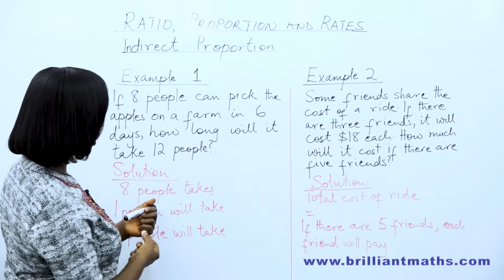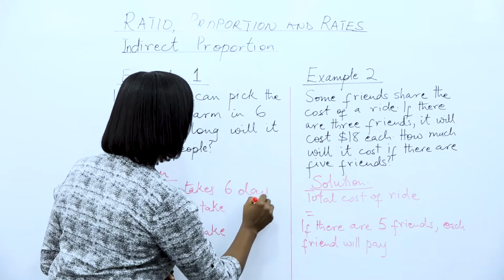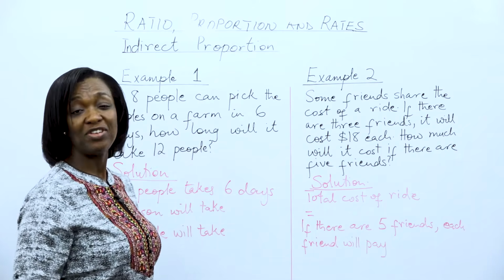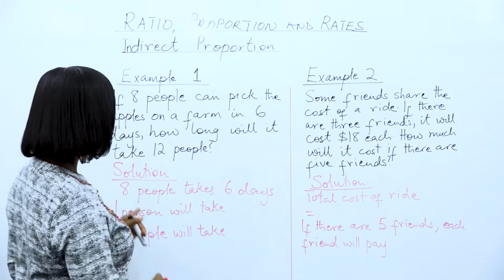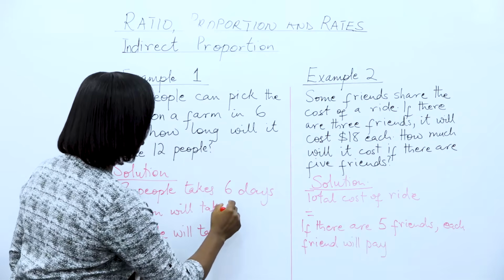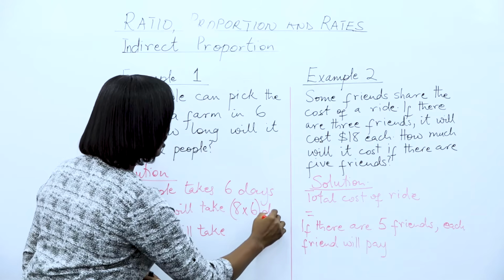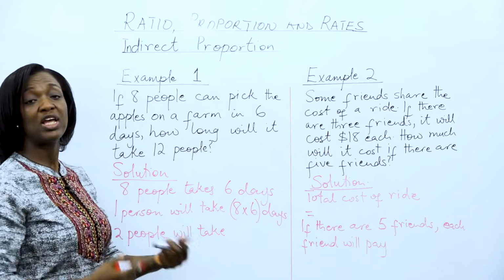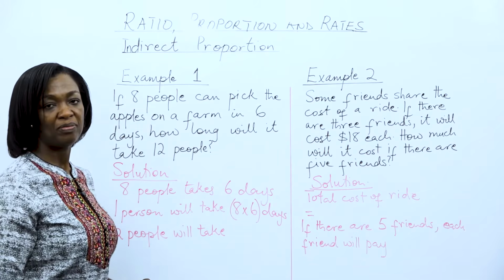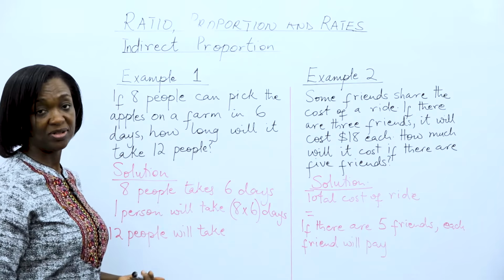8 people takes 6 days. So 1 person, if you had only 1 person, it would definitely take more days. So it would take 8 times 6 days. So 1 person will take 8 times 6 days. So 1 person will take more. What if you have 12 people? 12 people will take less days than one person.